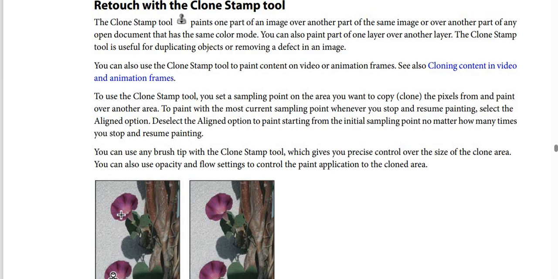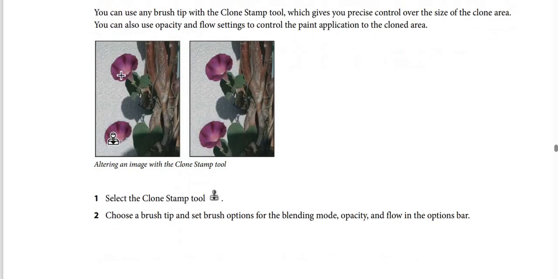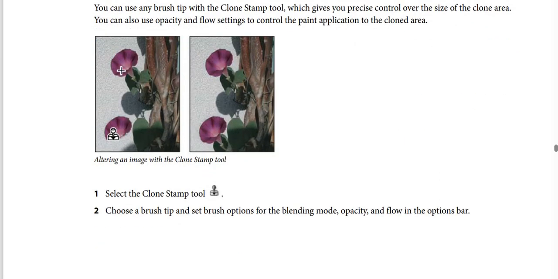You can also use any brush tip with the clone stamp tool, which gives you precise control over the size of the cloned area. And you can also use opacity and flow settings to control the paint application to the cloned area, like the next picture explains for you.